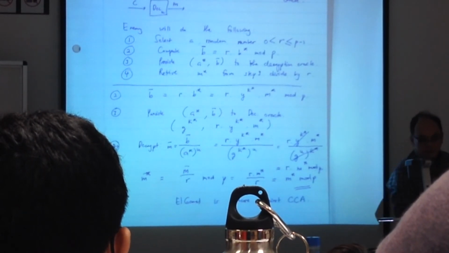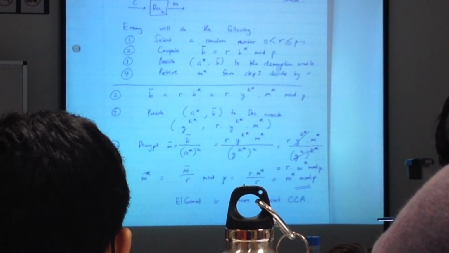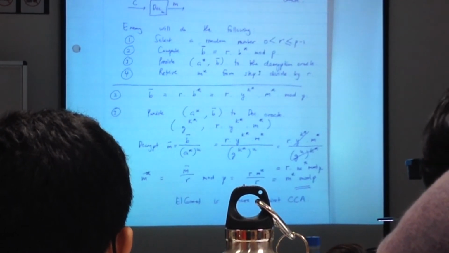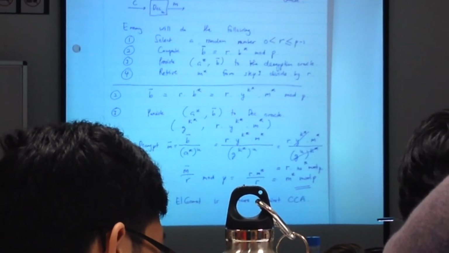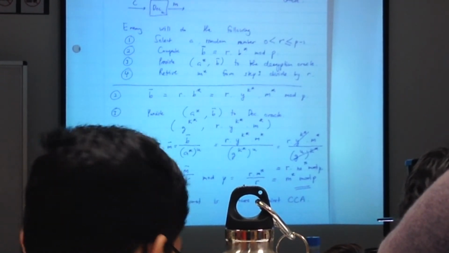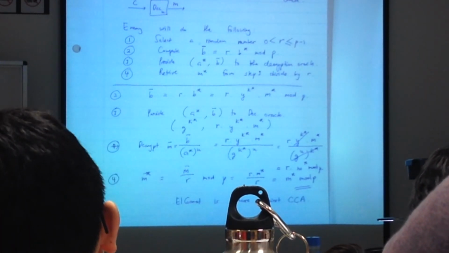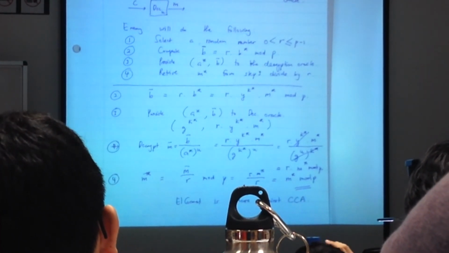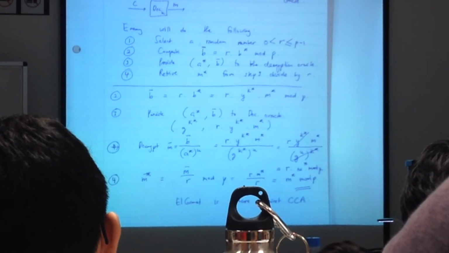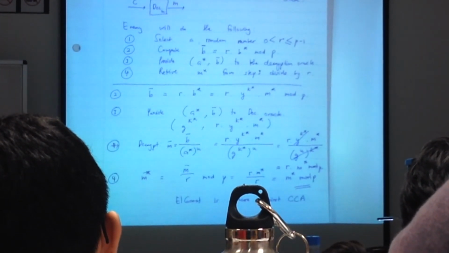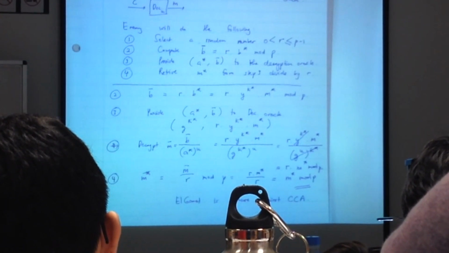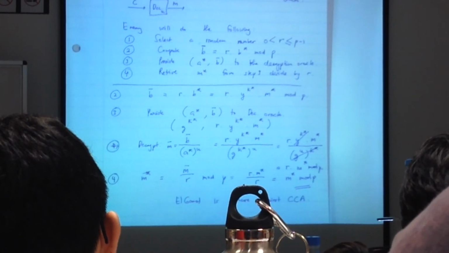So if I ask you to show that ElGamal is insecure against chosen ciphertext attack, it should be like this. If I ask you whether RSA is secure against chosen ciphertext attack, then you need to think: is it secure or not?